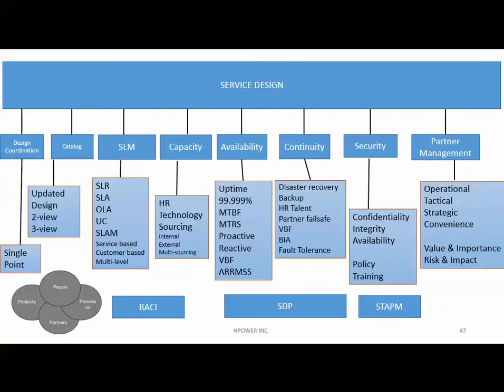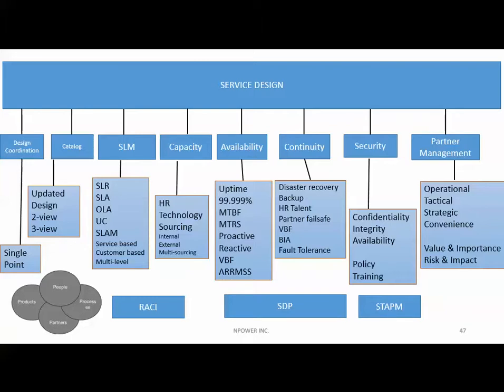We have a 2-view catalog and a 3-view catalog, and as Gregory had mentioned yesterday, those are just the basic fundamental catalogs that you need to deal with from an ITIL perspective, but a company can have hundreds of catalogs. The 2-view catalog has a view for the external customer. So there's one catalog that has a view for the external customer, and there's one catalog that has a view for the internal customers, for them to obtain technical support.